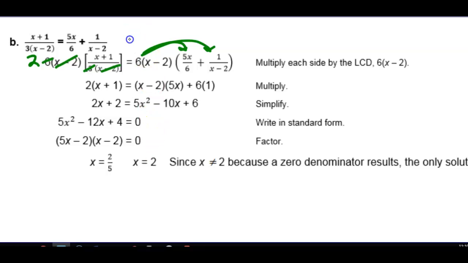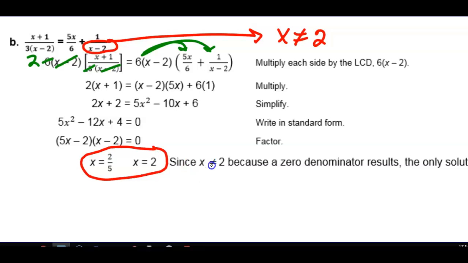But at the beginning of the problem, or at the end, somebody was quick to notice that x cannot equal 2 because of the denominator. So when they got this solution at the end, they had to throw this one away and say the only solution is x equals 2/5.